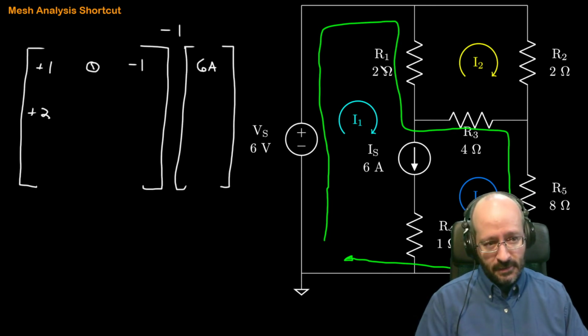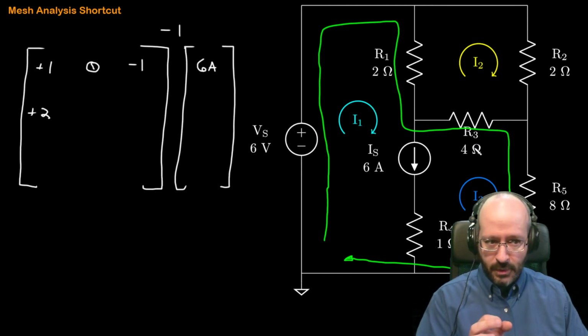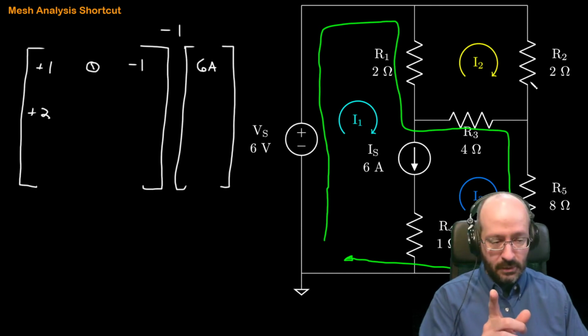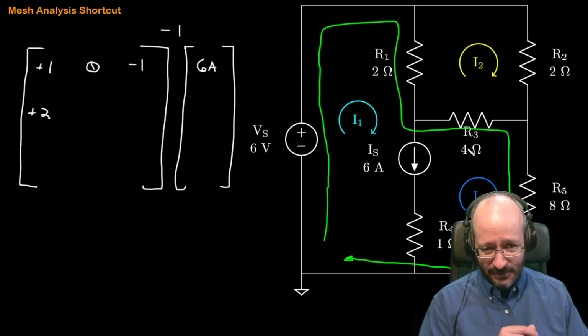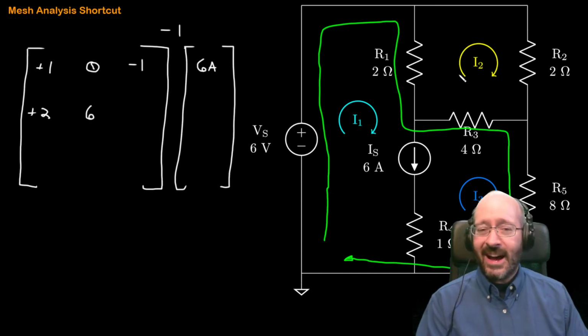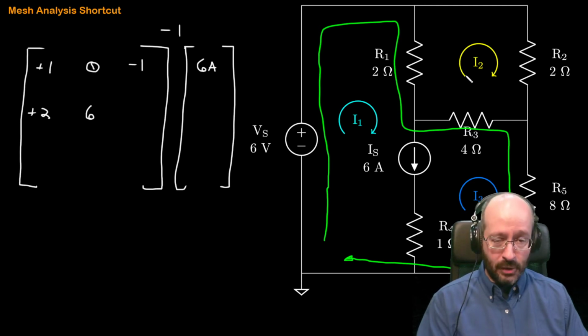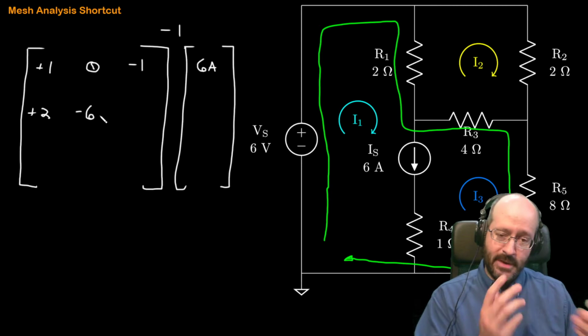It touches this 2 and this 4, and those are on the super loop, so we're going to include those. It doesn't touch this one, so we don't include that one. So it's going to be 2 plus 4. It's this 2 plus this 4. So it's going to be 6. Okay, and I2 is not part of the super loop. So it's a shared current, and therefore it's negative.